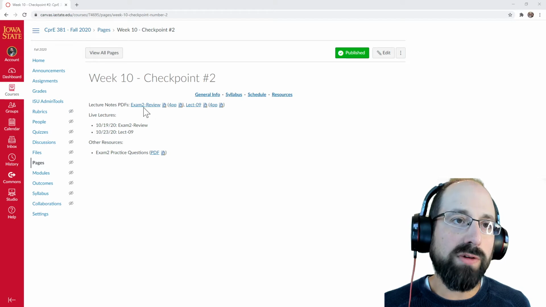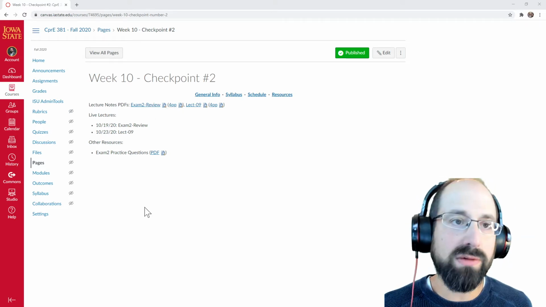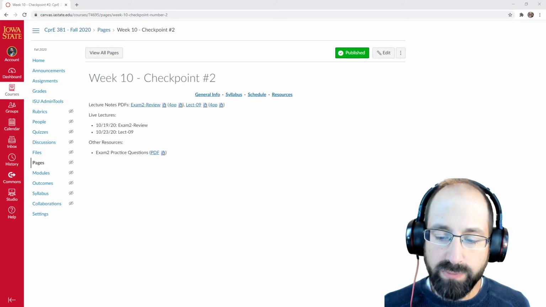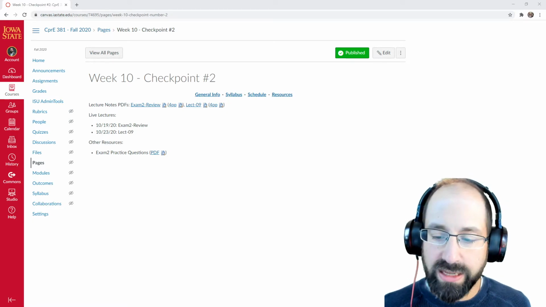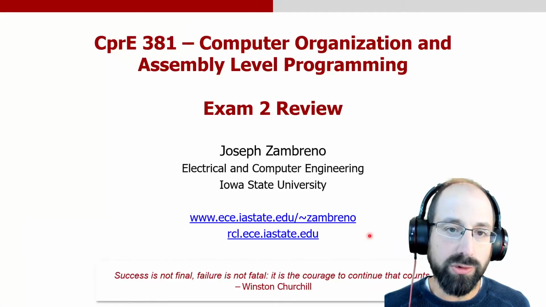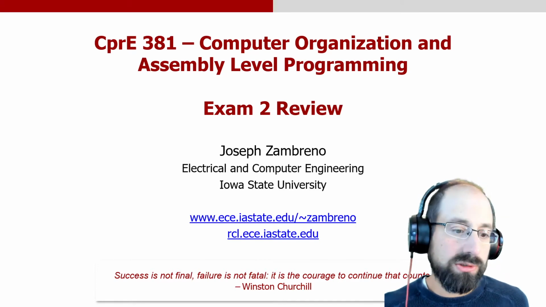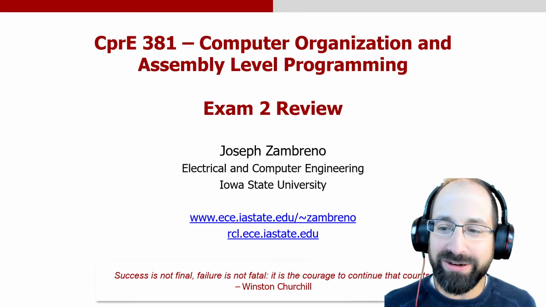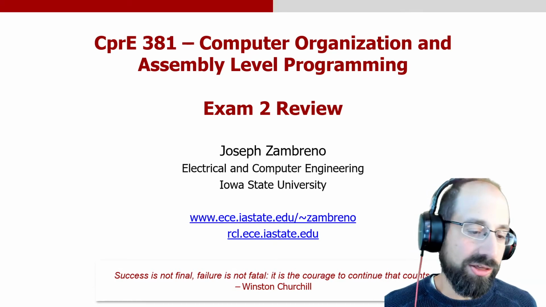So, in terms of our checkpoint number two, everyone should probably have maybe a copy of those slides open, because what we'll do is the same as what we did for the first review, which is we'll go through some of those questions together. Then I'll break you up briefly into rooms, and as we break out into rooms, you can hopefully just chat with a random classmate, and it will be a randomly assigned classmate, and hopefully they're here, and hopefully their audio is working, and just discuss your thoughts on these questions.